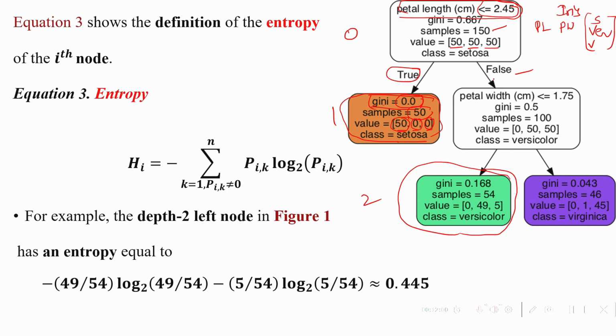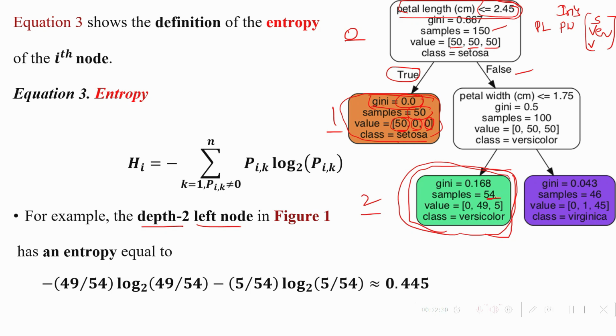Now, for example, here we are going to check what is the entropy of our data set. So this is level 0, level 1, and level 2. We are looking at the depth 2 left node. At this condition we have a total number of 54 elements.